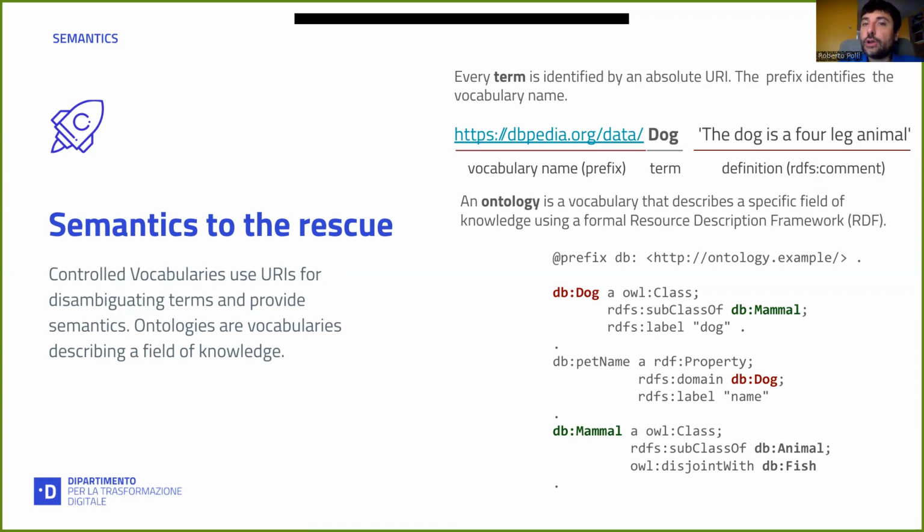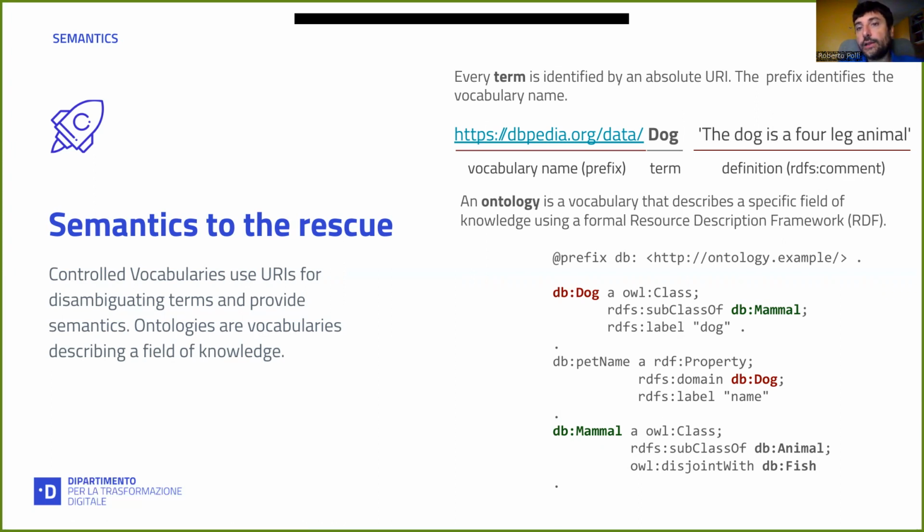An ontology is a special vocabulary that describes a specific field of knowledge using a formal resource description framework. Here you can see a very small ontology related to the dog term.